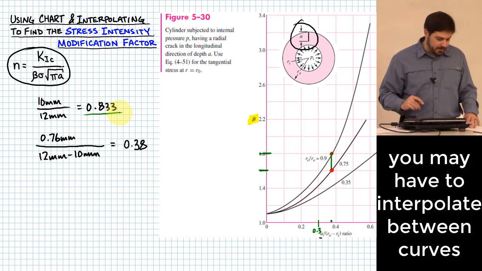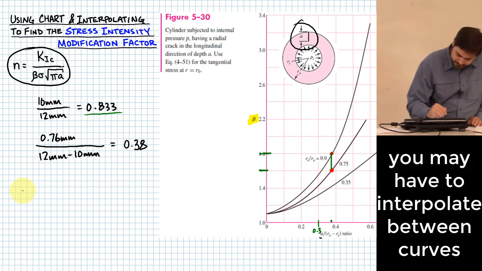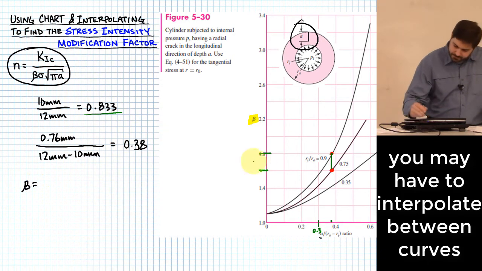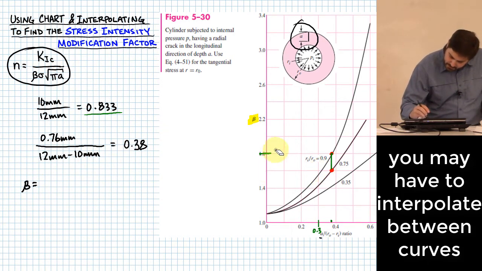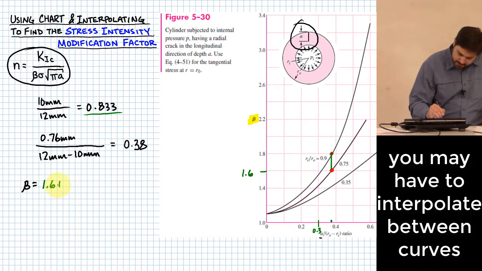So the way that I need to set this up is to say that beta for us is going to be equal to, this is 1.6 right here, right? Beta is going to be equal to 1.6 plus 1.8 minus 1.6.